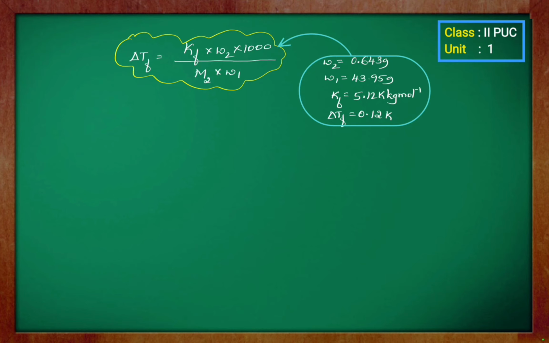Substituting all the values into the formula, delta TF is 0.12, which is equal to Kf, which is 5.12, into W2, which is 0.643, into 1000, divided by M2, which is what we have to calculate, the molar mass of the compound that's added, and W1 is 43.95.